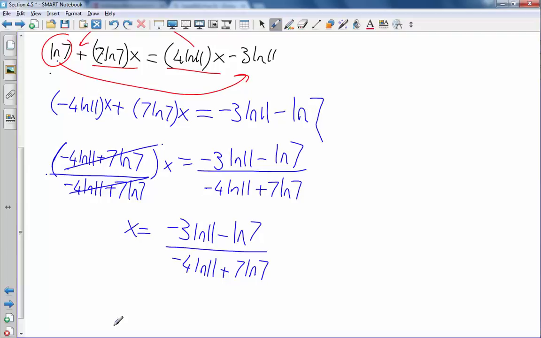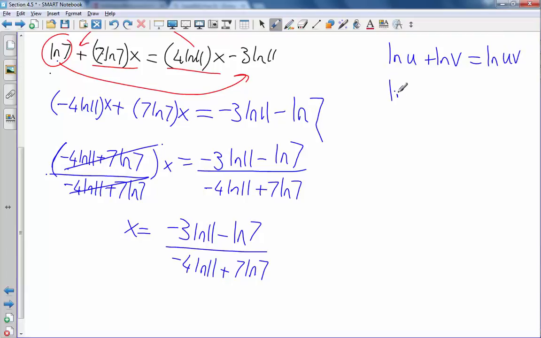Okay? Now, can I do better than this? Can I combine these ln's? Yes, you can. If you have two ln's subtracted or added, we have a rule to combine them, right? If you have ln u plus ln v, if they are added together, how do you combine them? What's the rule? Multiplication. That's ln uv.